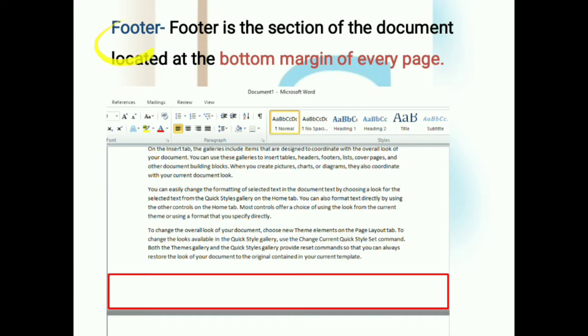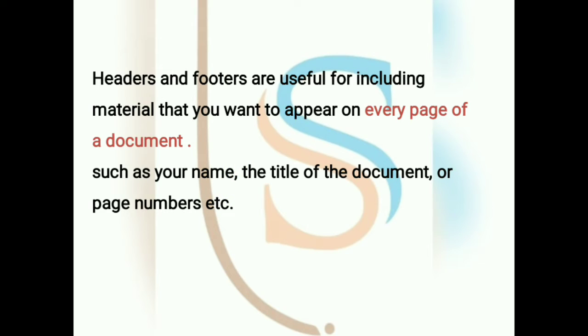Next is the footer. As I have already told you, like in our body, the foot is the bottommost part. In the same way, the footer is the section of the document located at the bottom margin of every page. You can see in this rectangular box, this is the bottommost part of the page. Headers and footers are useful for including material that you want to appear on every page of a document.